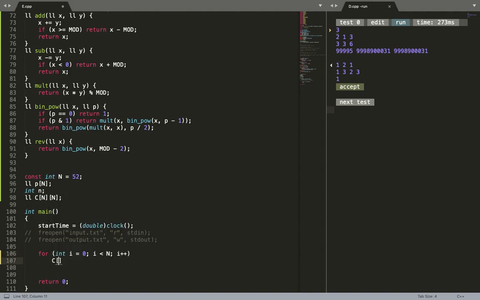So let's calculate binomial coefficients using the Pascal triangle.